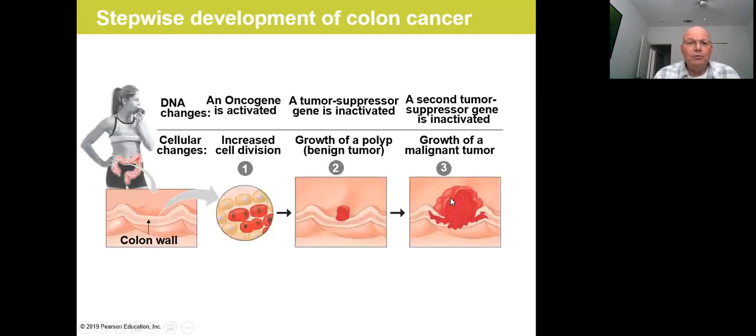So what sort of changes are required? Well, part of the problem for this with colon cancer is that there are lots of little blood vessels associated with the colon in order to transport water and other material away from the digestive tract. So when the cancer cells first start to emerge in the colon wall, at this point, they're not particularly dangerous.